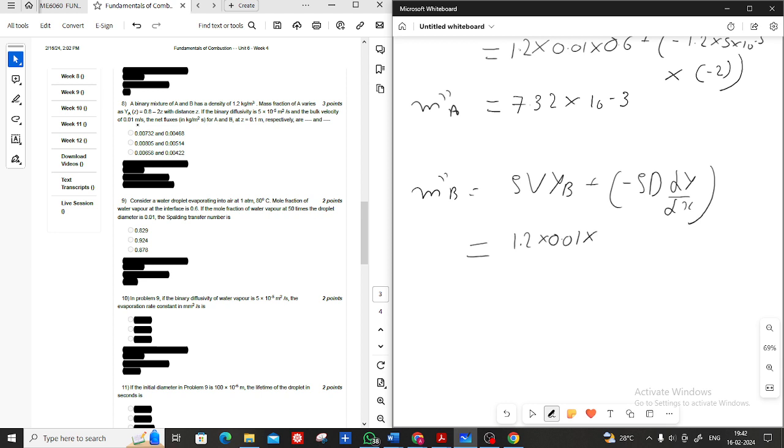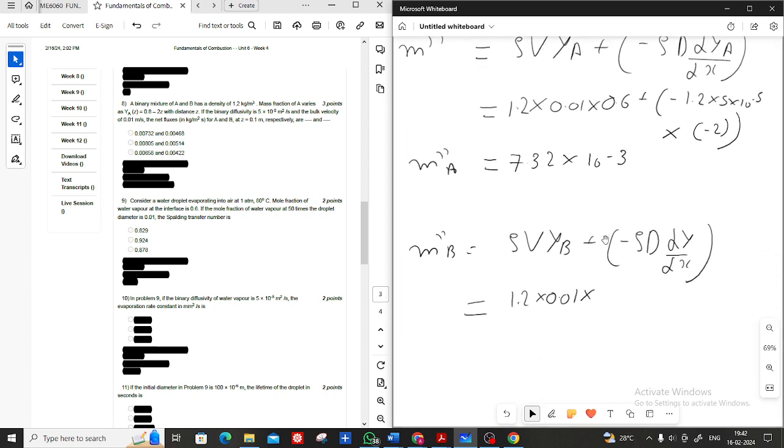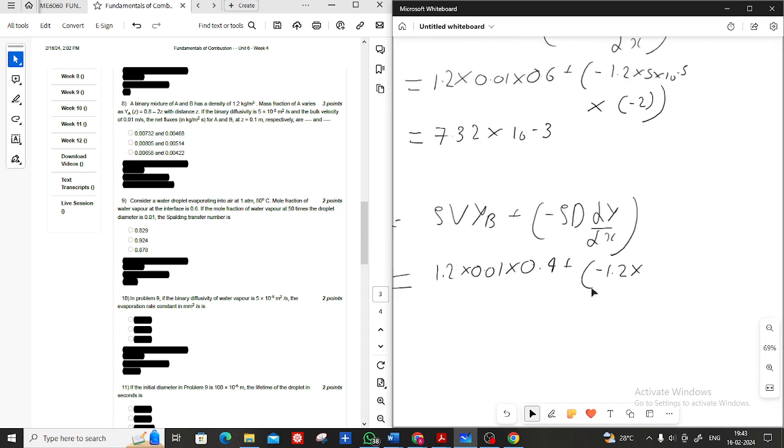Ya we calculated as 0.6, so Yb is equal to 0.4. Plus, here we multiply by minus the density 1.2, into the diffusion coefficient 5 into 10 to the power minus 5, into dYb by dx.